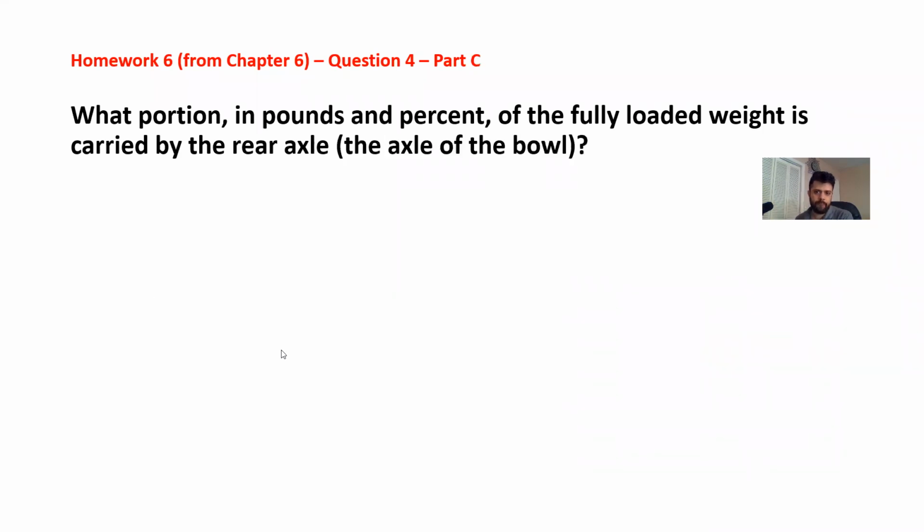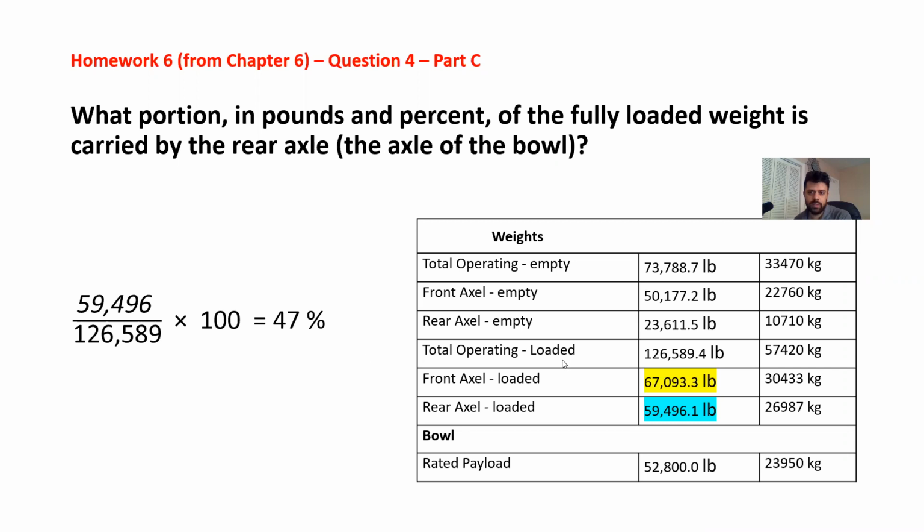So what portion in pounds and percent of the fully loaded weight is carried by the rear axle? That could also be found easily. So that would be 126, which was the total, and the rear axle is this. Okay, so we divide 59,000 by the total operating load of the machine.